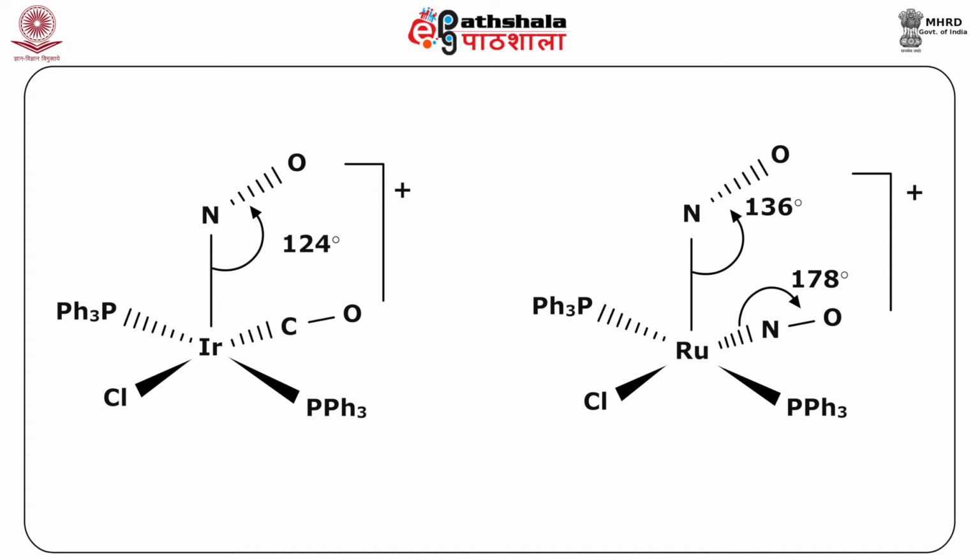In this complex, the basal nitrosyl is linear with a ruthenium, nitrogen and oxygen angle of 178 degrees, whereas the apical nitrosyl was found to be bent with a bond angle of 136 degrees.